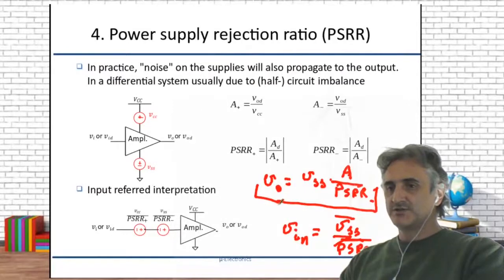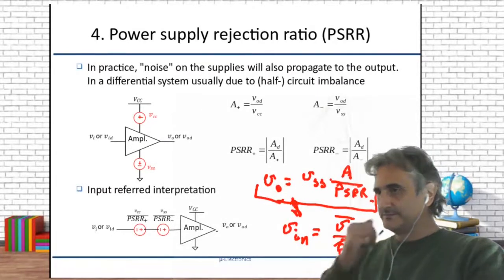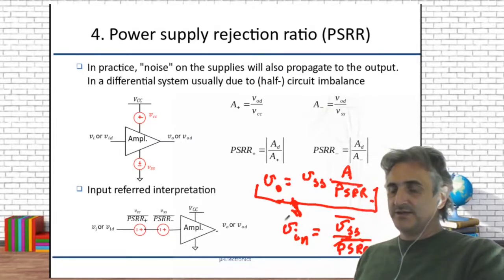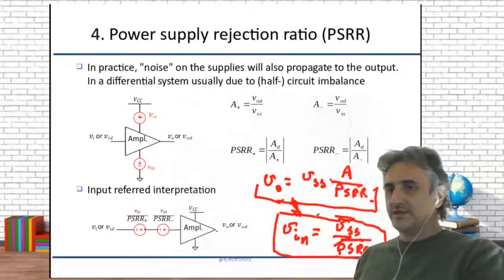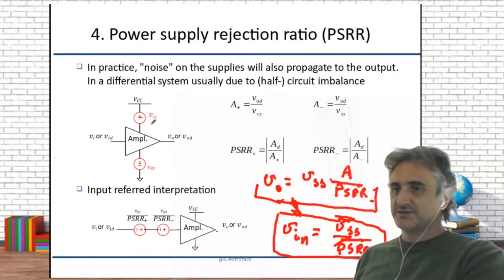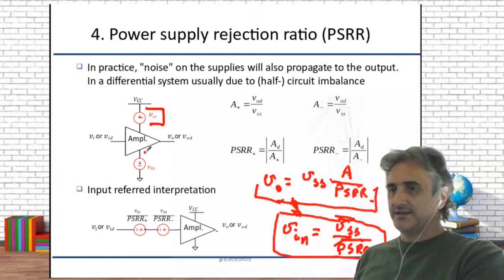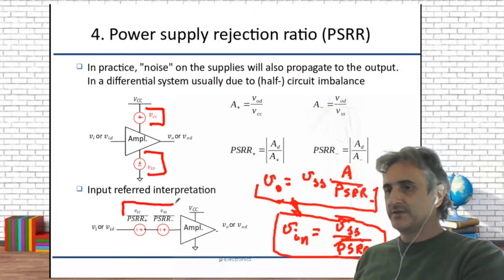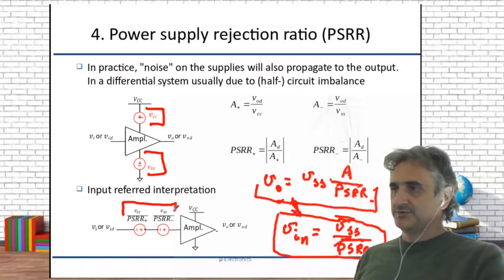Okay, these two expressions are equivalent, just because at the output, Vin gets multiplied by the gain. So at the output, we get exactly the same expressions. But this way, we can interpret this noise at the power supply as just some noise which can be added at the input.